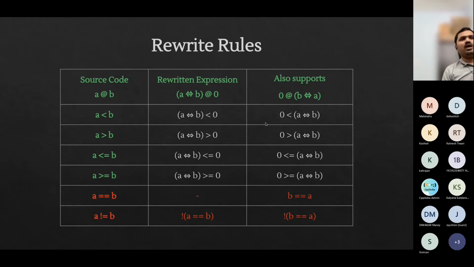Earlier, for less than, we were checking less than 0, now the value will change and we have to check greater than 0. This is how it supports consistent comparison. So even if I change the order of less than or greater than, it still finds the correct set of operators and does the comparison.